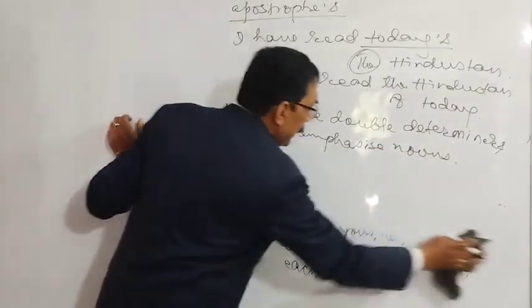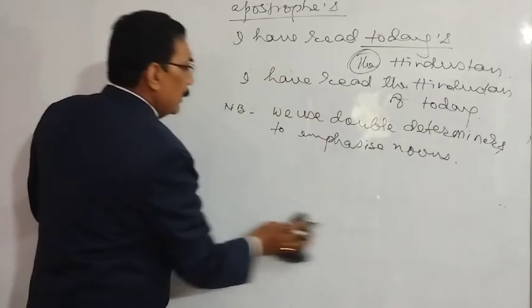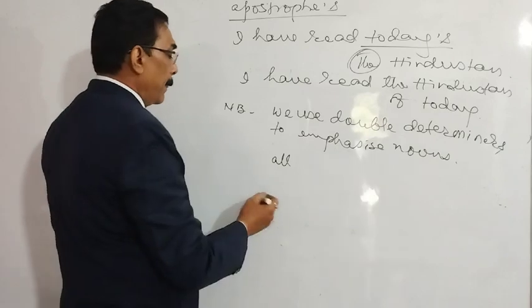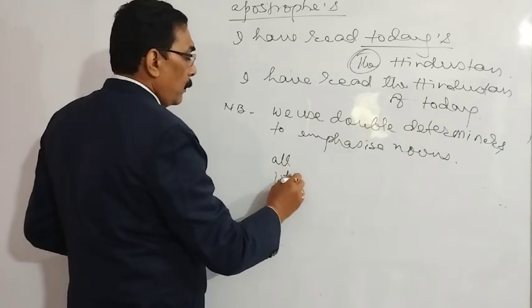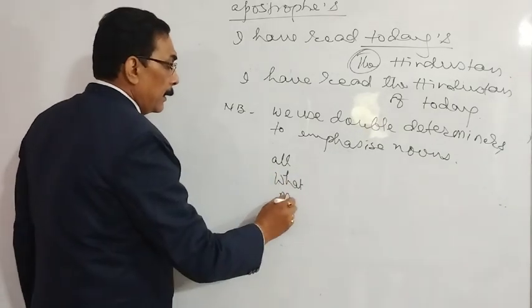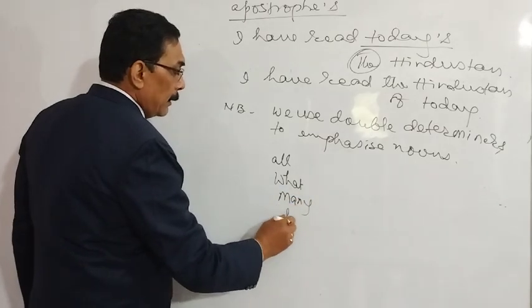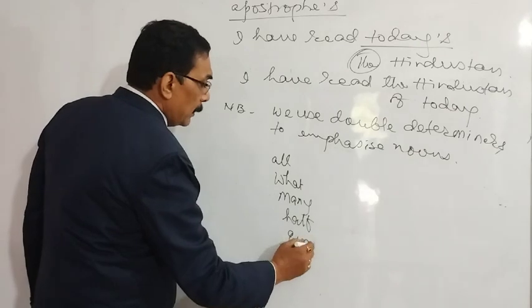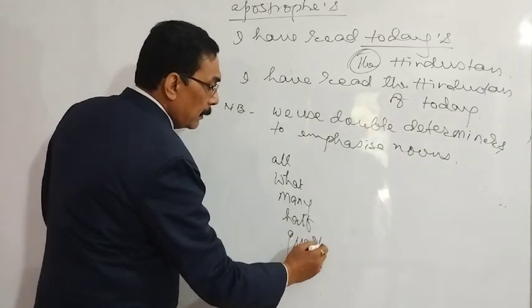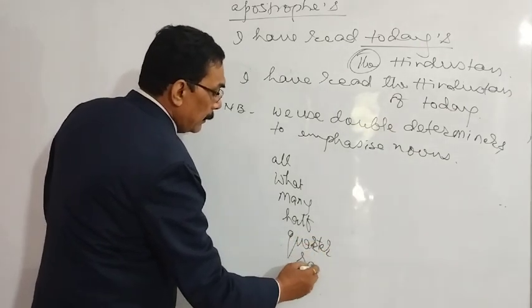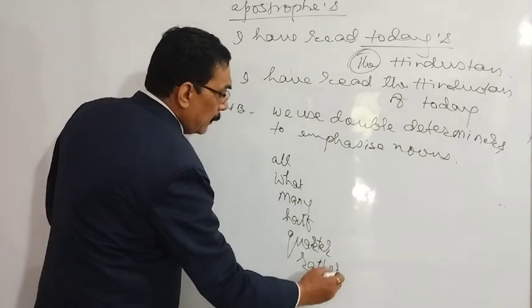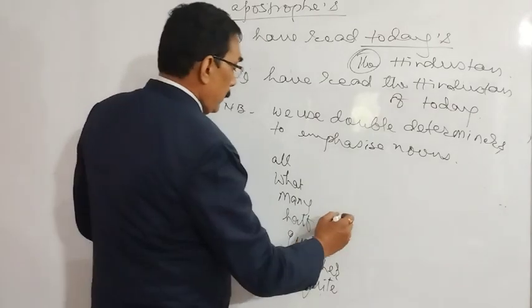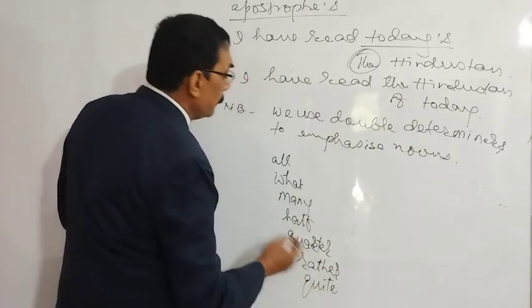This is also said to be predeterminer, like all, what, many, half, quarter, rather, quite, such.